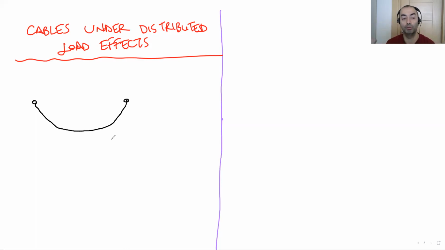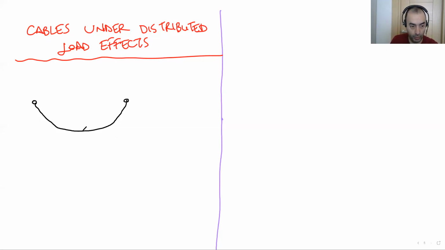If you apply distributed load on these tables, they still have a curved shape. Remember the point load effect: after the point load, they get a straight shape, you know. But here it still has a curved shape.